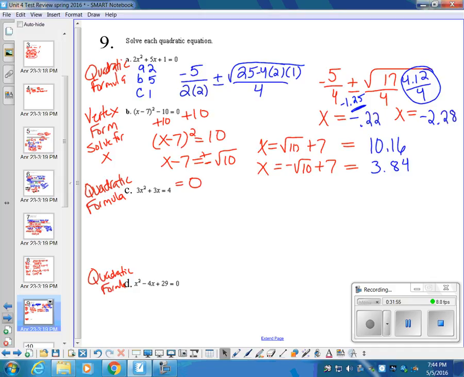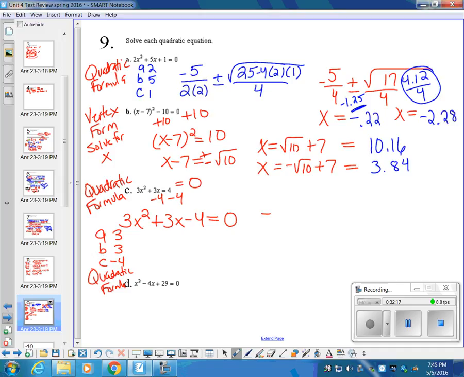Next one, we need to get it in standard form equal to 0. So subtract 4 from both sides. So you end up with 3x squared plus 3x minus 4 equals 0. A, B, C: 3, 3, negative 4.